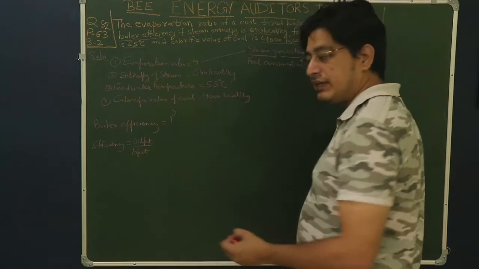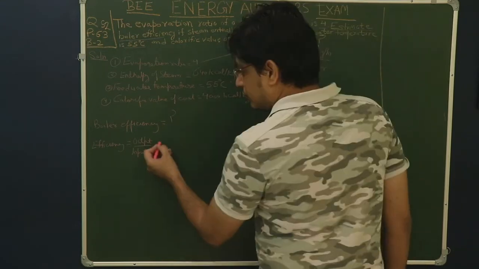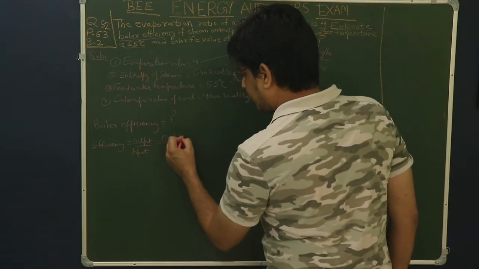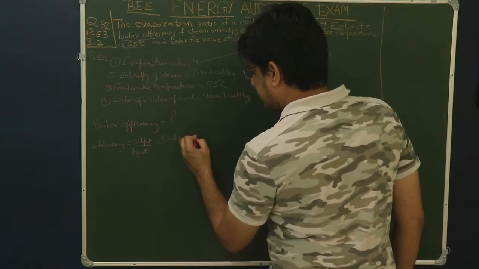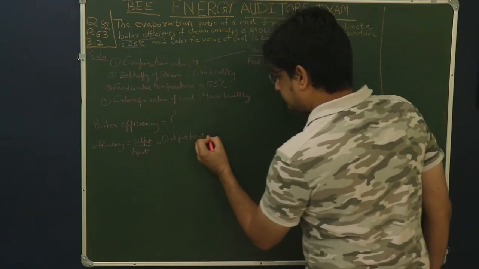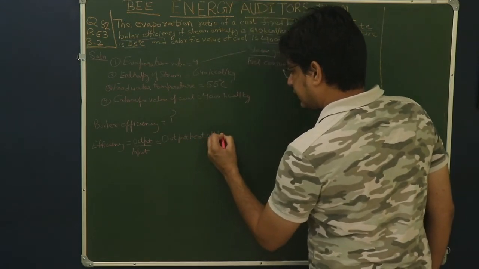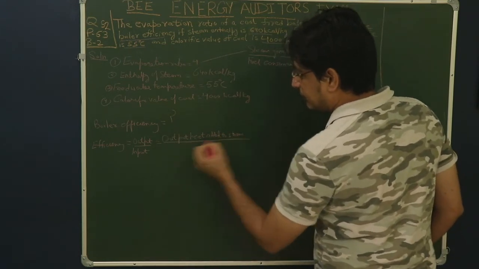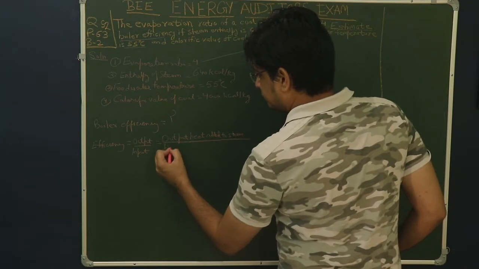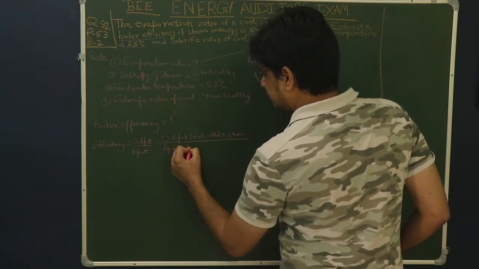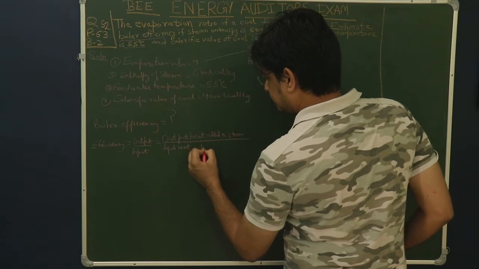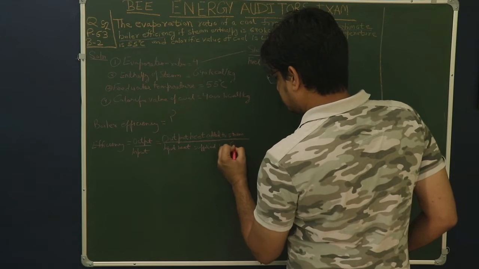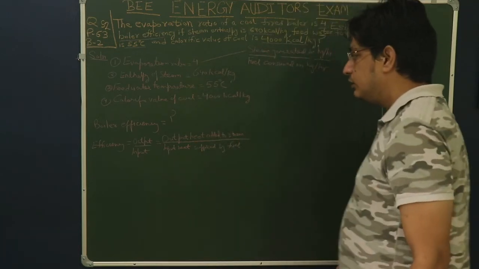So our data of prime concern for calculation of efficiency will be the output, heat added to steam, and the input, heat supplied by fuel.